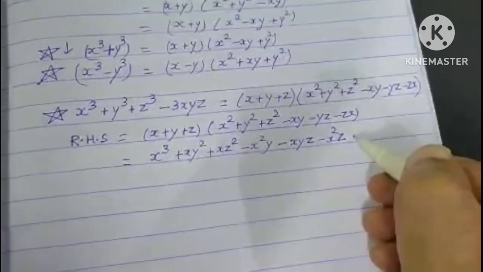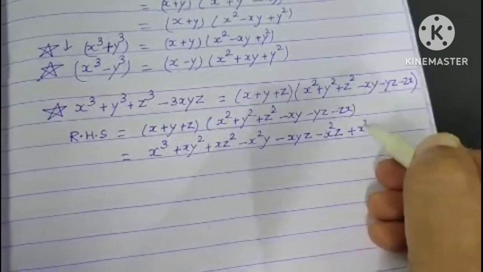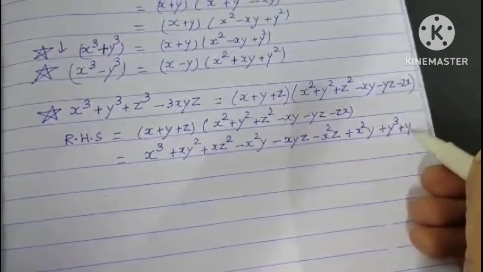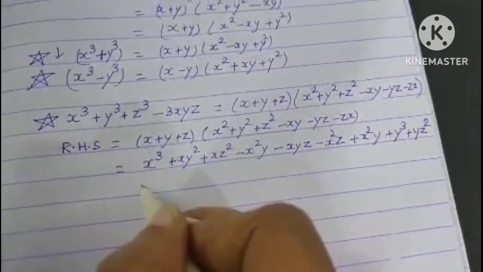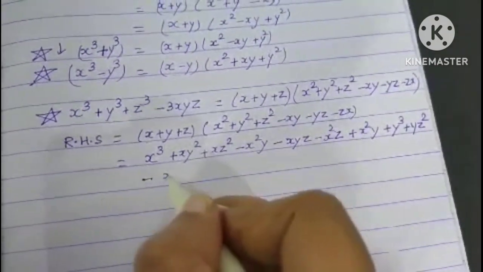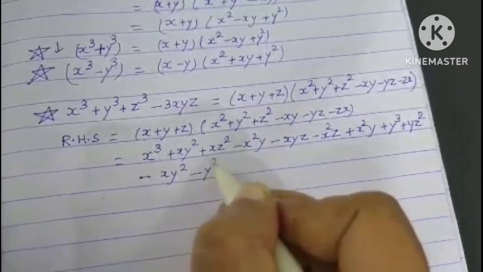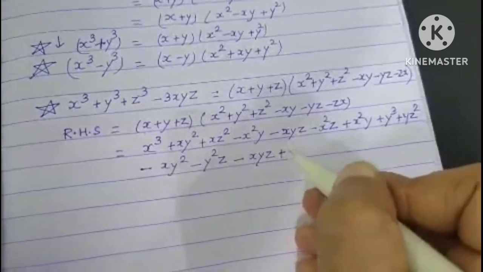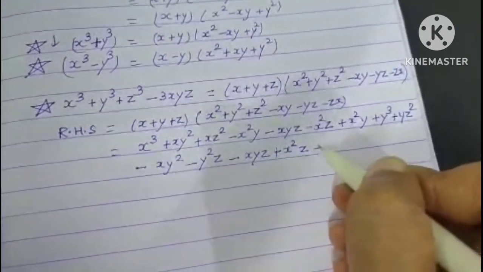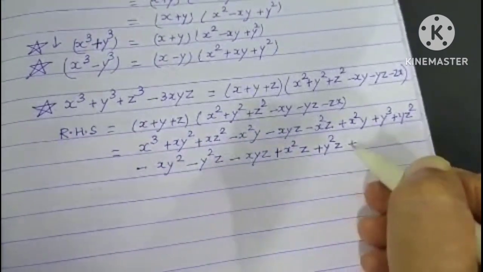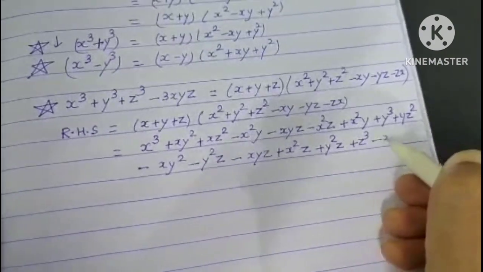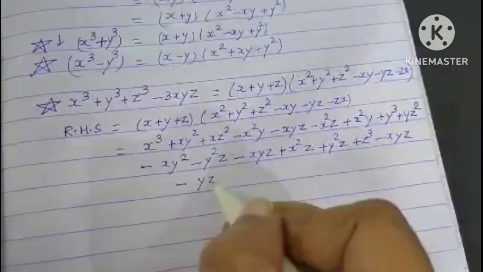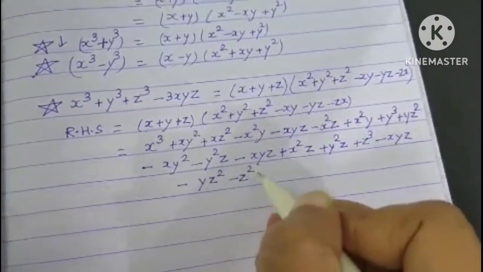Okay, from y again: plus x square y plus y cube plus yz square minus xy square minus y square z minus xyz. Okay, from z again: plus x square z plus y square z plus z cube minus xyz minus yz square minus z square x.